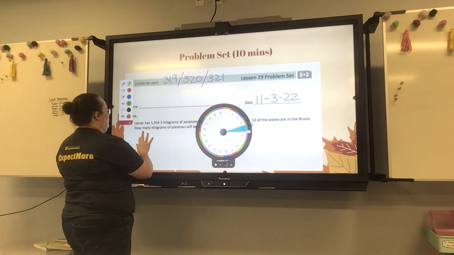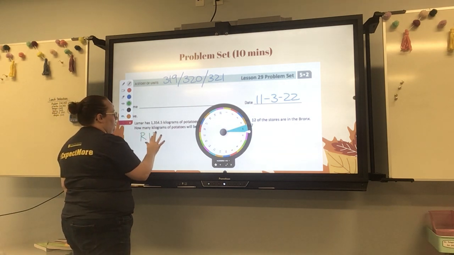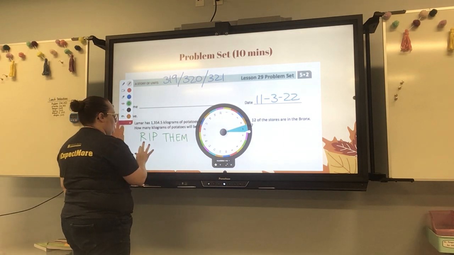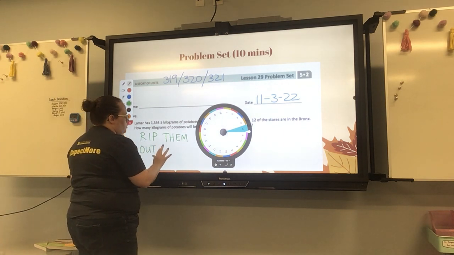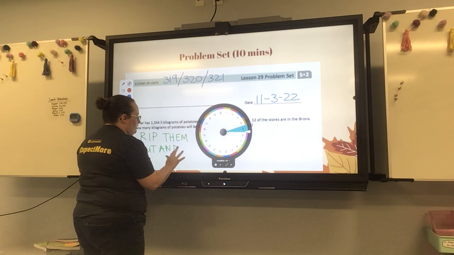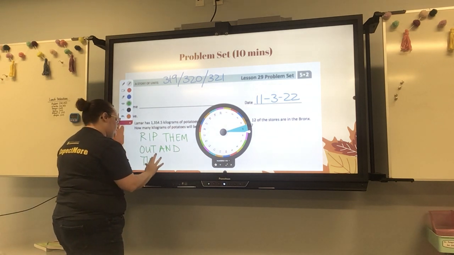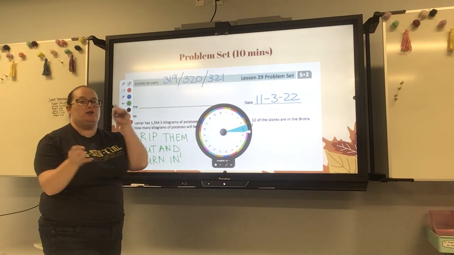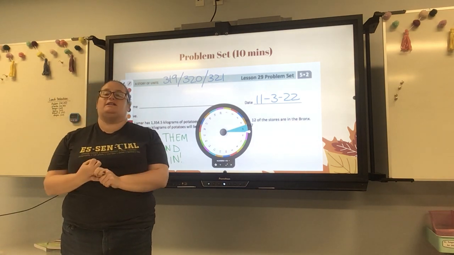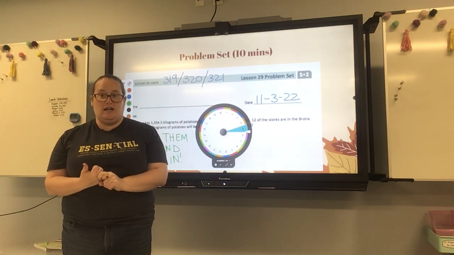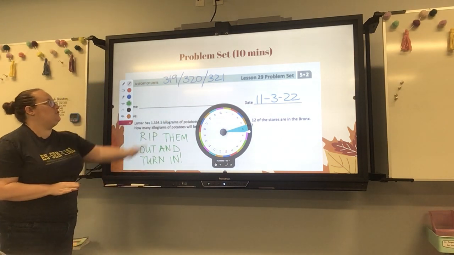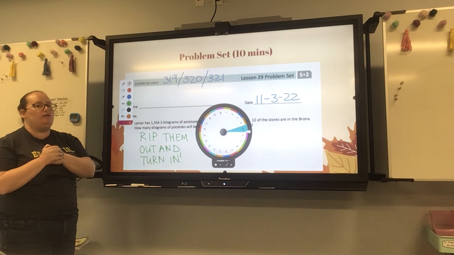You will rip them out and turn them in. You will staple together your problem set and your exit ticket for them to be turned in to the turn-in basket. Make sure that you get the page numbers. You can pause and rip them out.